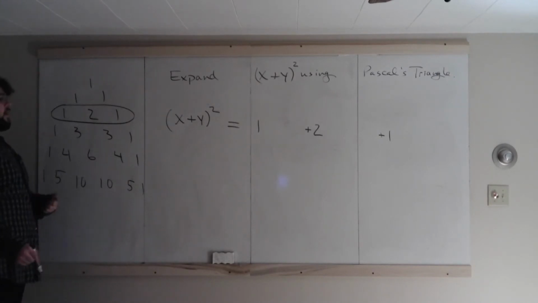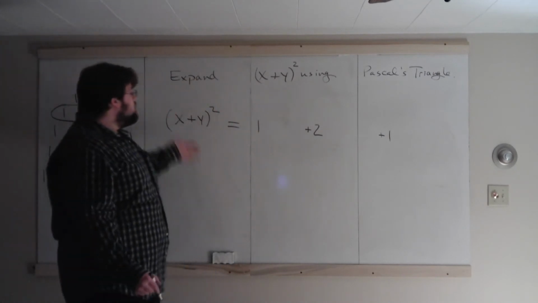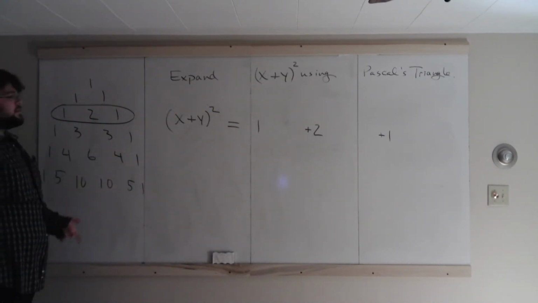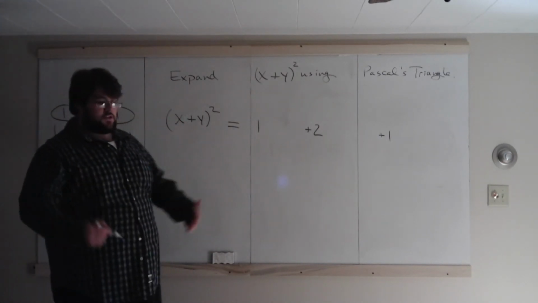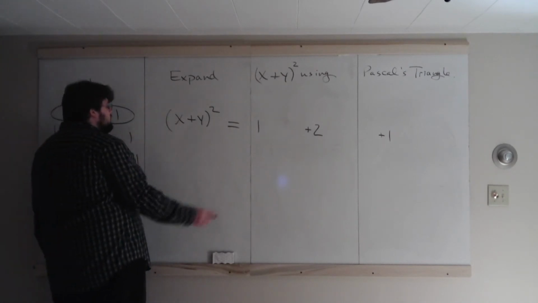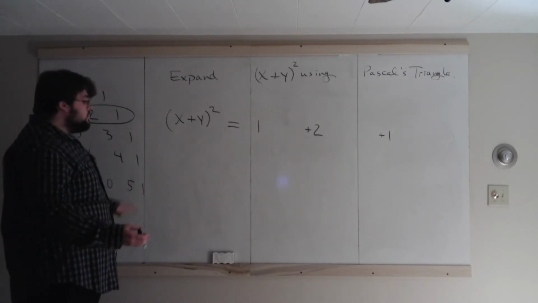Now, all we have to do with these coefficients set is arrange these x's and y's. How are we going to arrange the x's and y's? Well, we want 2 total letters on each piece. The first one is an x. The second one is a y. You could work backwards.